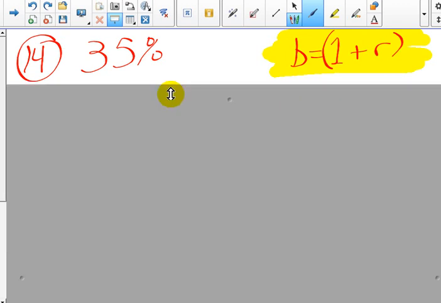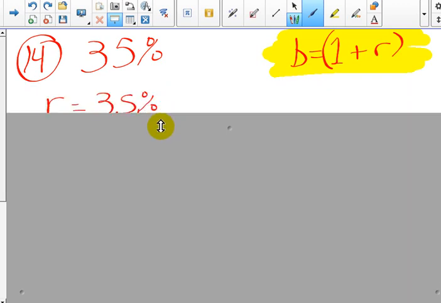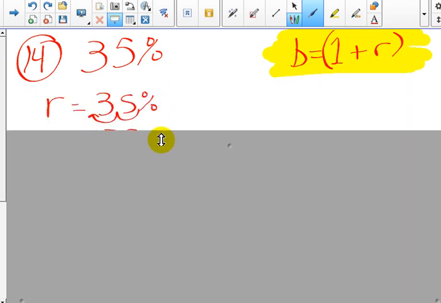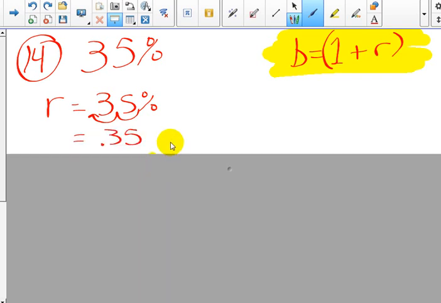So for 14, they say for each annual rate of change, find the corresponding growth or decay factor. So 14, we have 35%. They said put it in a decimal form. Remember how to take the percentage sign off? Take your decimal back to the left 2 places. So that gives us 0.35. So 35% is equal to 0.35.